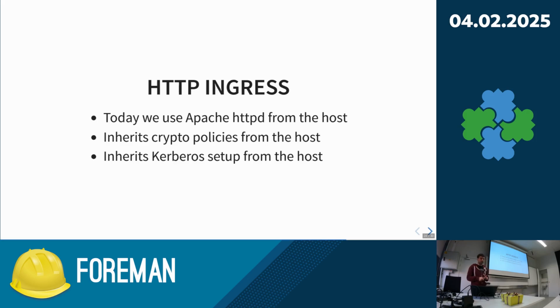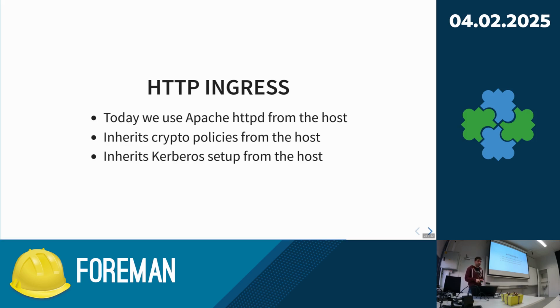But it also is very tightly integrated, so we cannot just take a random Nginx or Apache container and use it, because today our setup relies on the fact that Apache HTTP can inherit things from the system it's running on, like crypto policies or the Kerberos setup if you have a Kerberos environment.